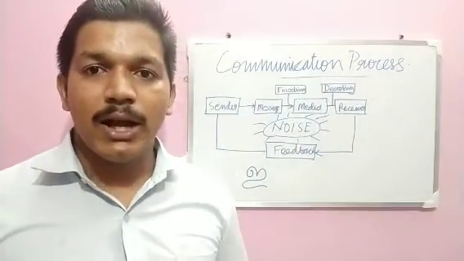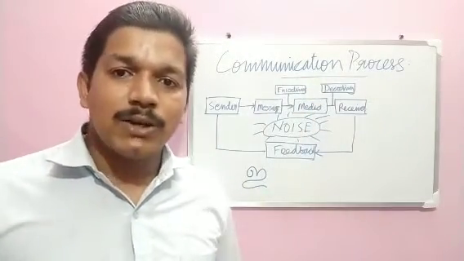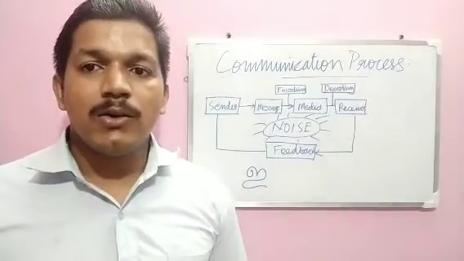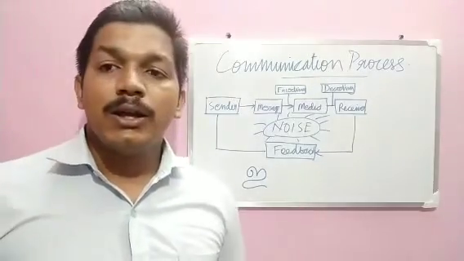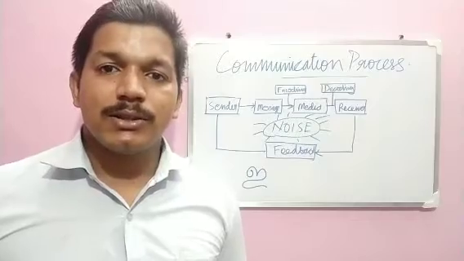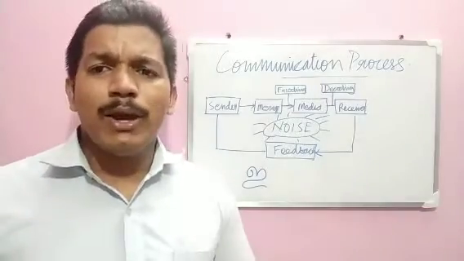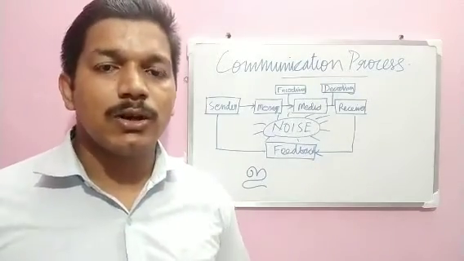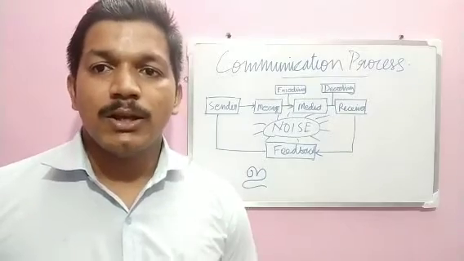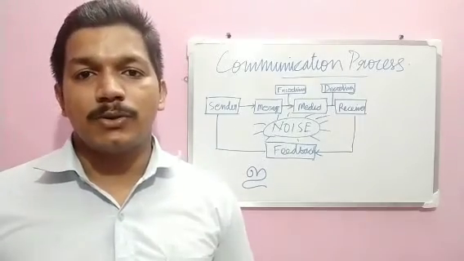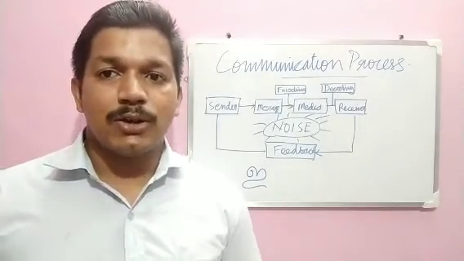I have the idea, I have transferred it into words, but when I wrote it, it did not come properly. So that is the problem in encoding. Anywhere there may be a disturbance or problems. So that is called the process of communication.